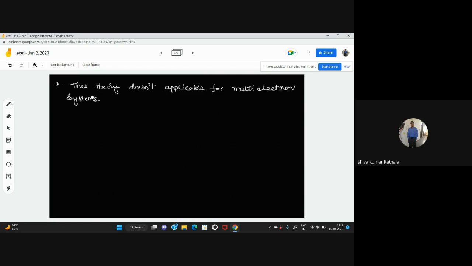Take multi-electron systems, it is not applicable. And this theory doesn't explain the Zeeman effect.